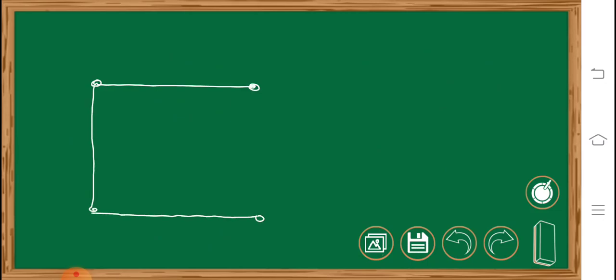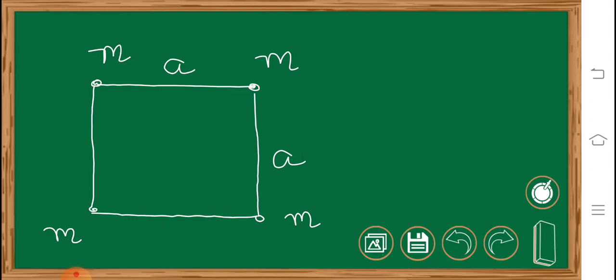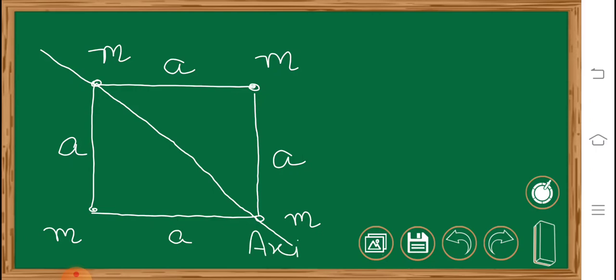If we consider the case of a square, suppose this is a square, all the particles have mass m, each side is equal to a, and this is the diagonal. If we take this diagonal as the axis, we have to find the moment of inertia.